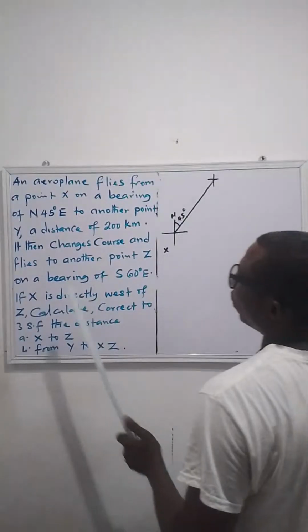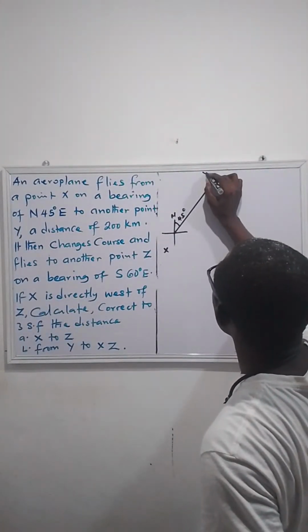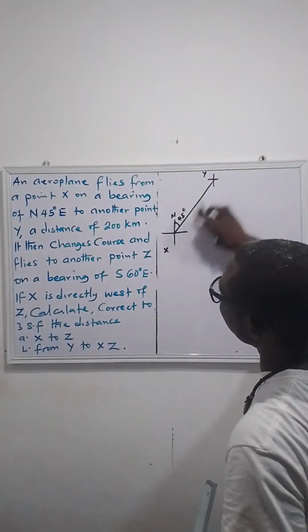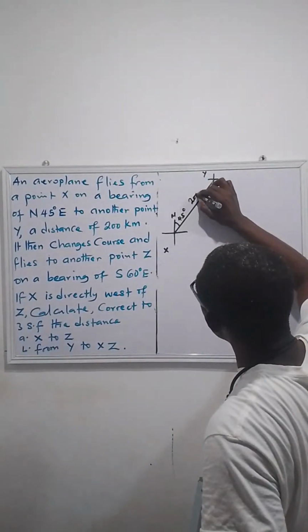That point is point Y. Can you see that? So we have point Y here. The distance between X and Y has been given to be 200 kilometers. So we have this to be 200 kilometers.